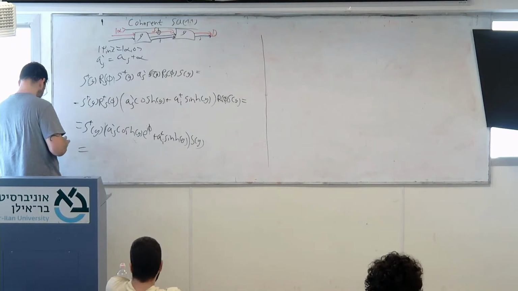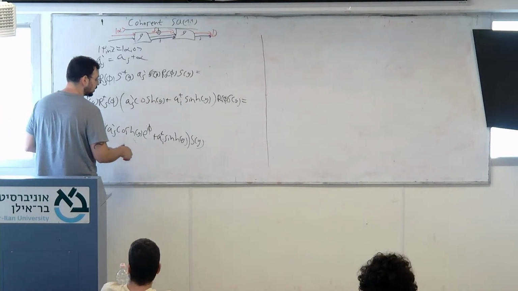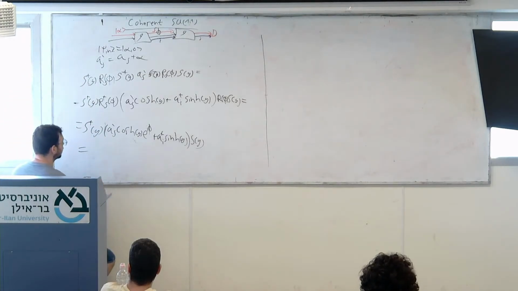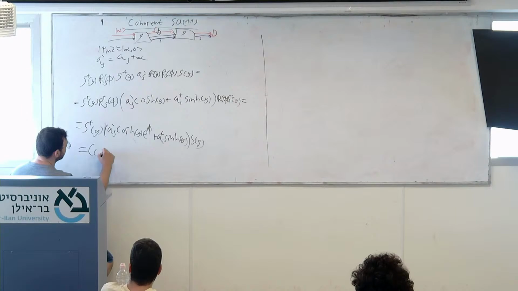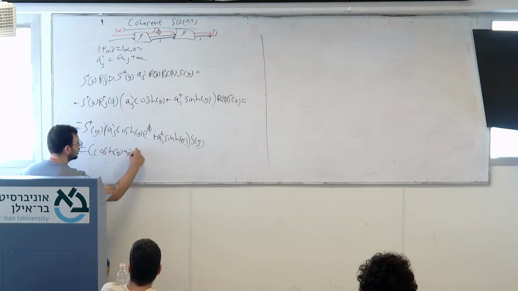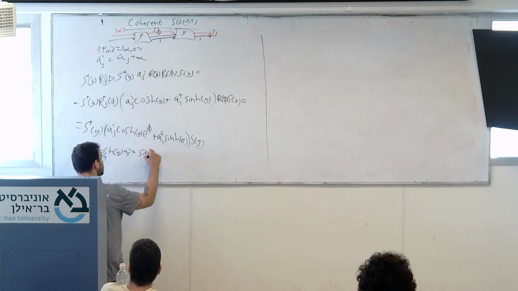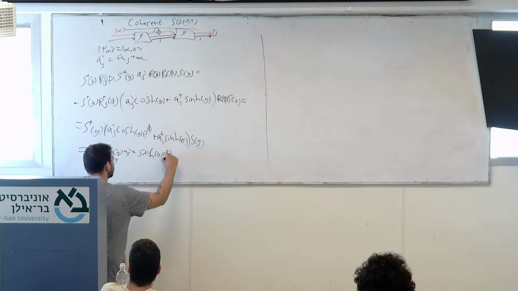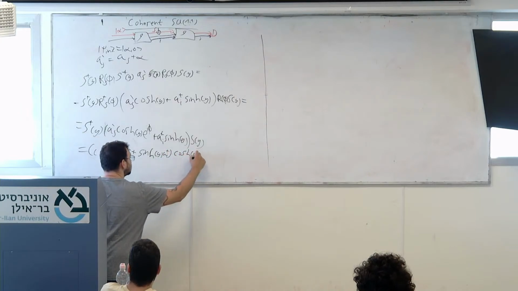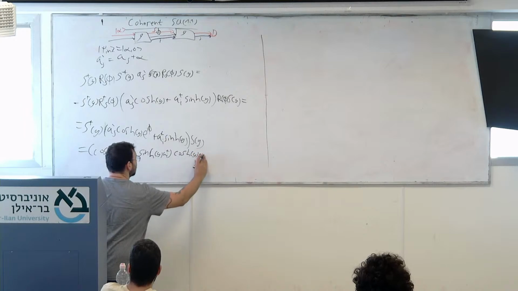Now, next, we do it again. So you have cosh G a_s dagger plus sinh G a_i times cosh G e to the i phi.